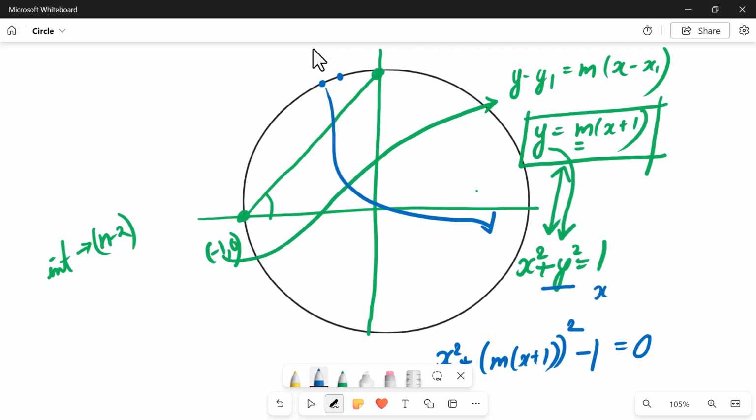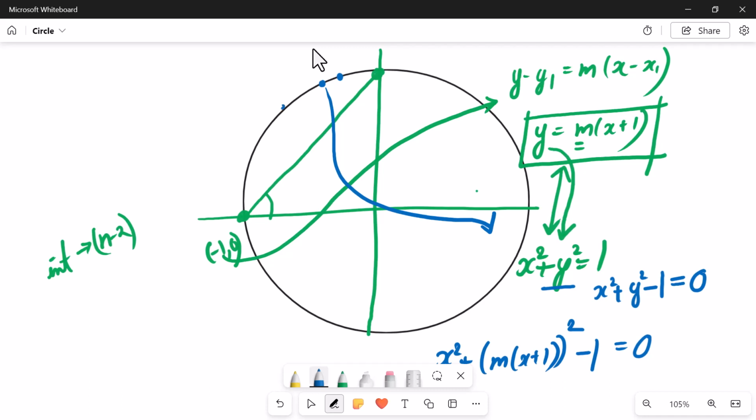That means x squared plus y squared minus 1 will be equal to 0 for all of the points on the periphery of the circle.